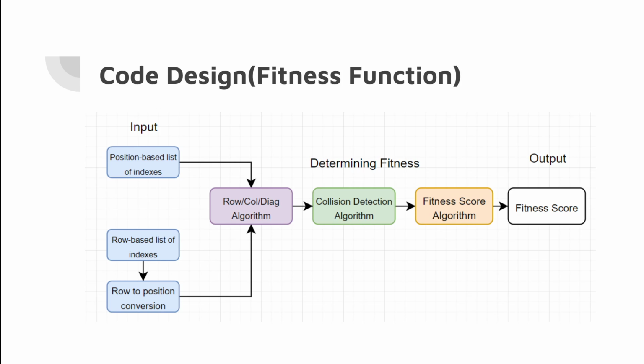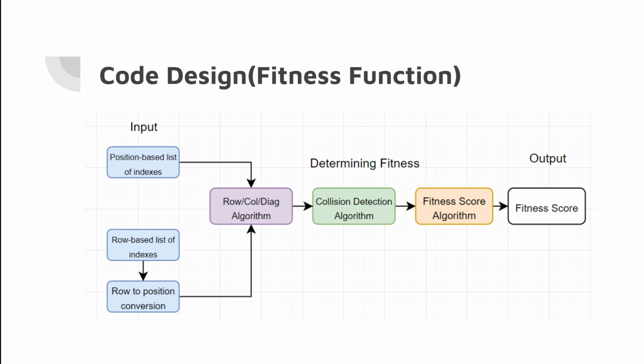I then wrote an algorithm that you'll see that basically assigns each entry a row number, a column number, and two diagonal numbers, which indicate which row, column, and diagonals it exists in. I then perform a rudimentary collision detection by cross-referencing how many total are in each row from each set, and then subtracting that by 1.